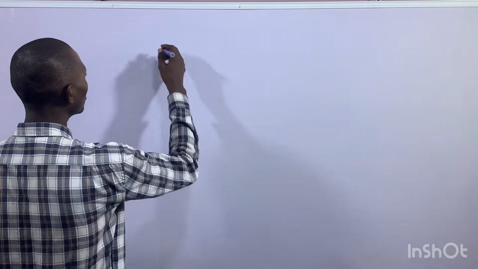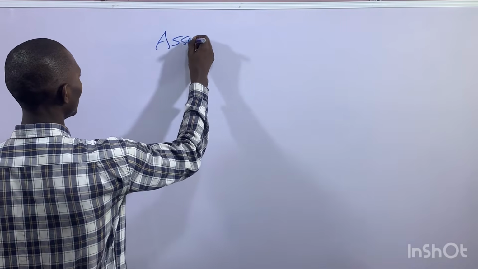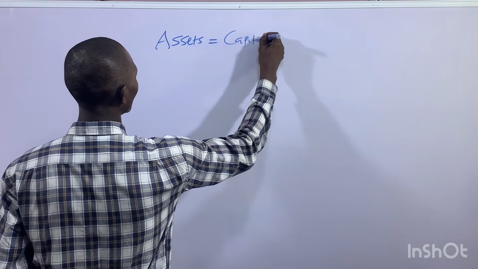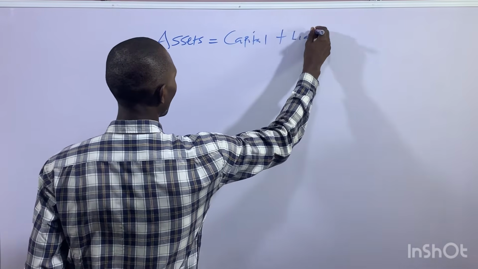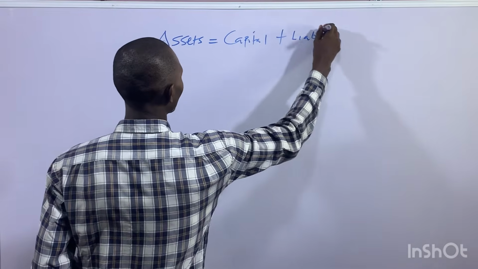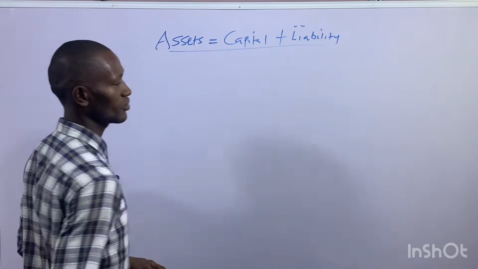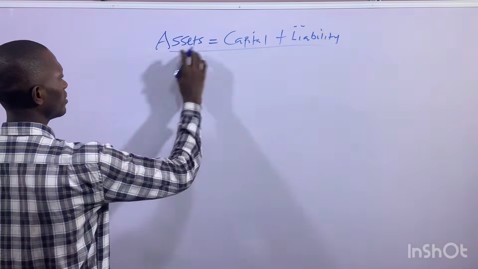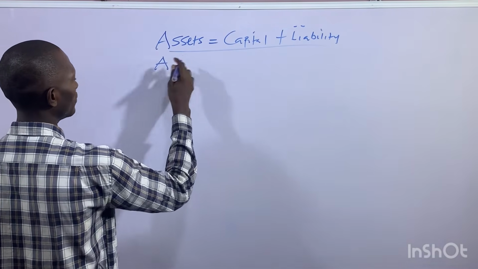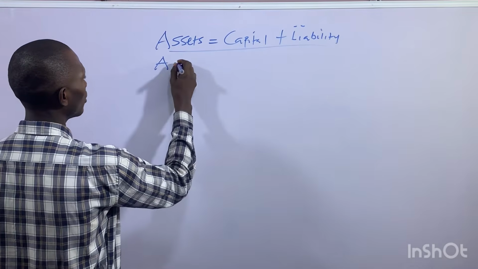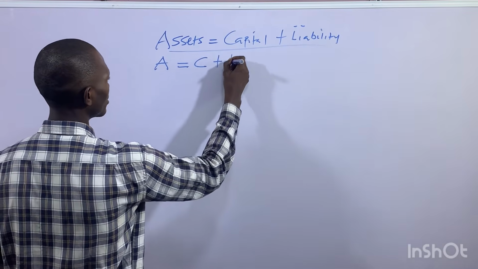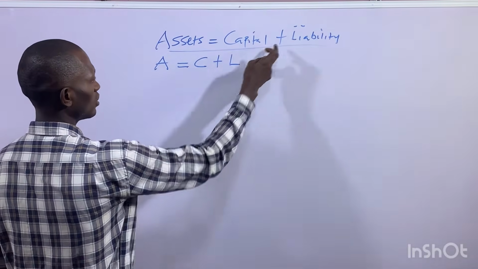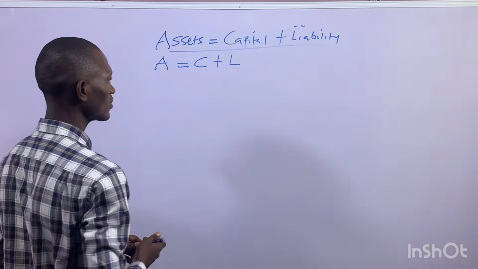So the accounting equation, like we've emphasized, is: asset equals capital plus liability. Let's shorten these words here: A equals C plus L, where C is for capital and L is for liability.